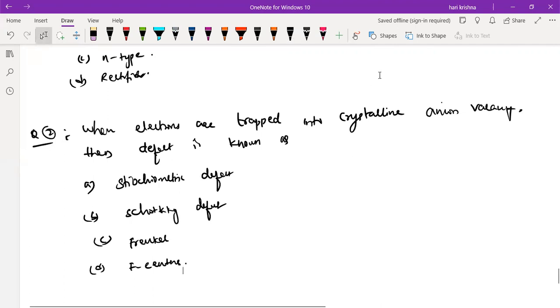When the electrons are trapped into the crystalline anion vacancy, then the defect is known as what?